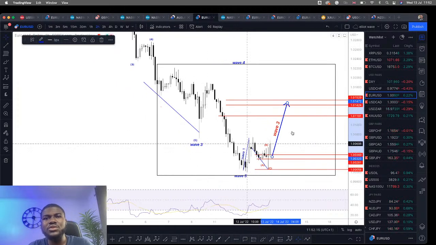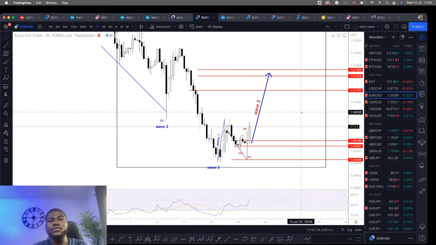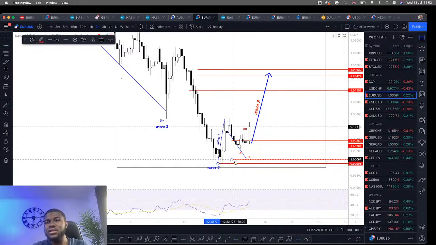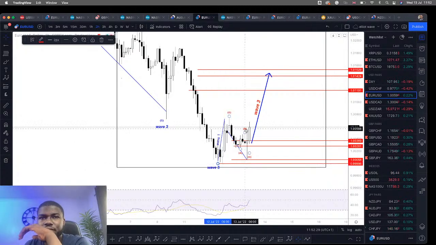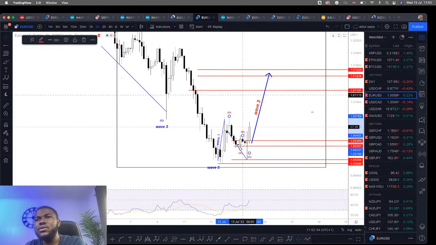That is what we are trading for Eurodollar on the 2-hour time frame, guys. So the invalidation level is any price below the parity 1.00 psychological number. So this is ABC for Eurodollar.